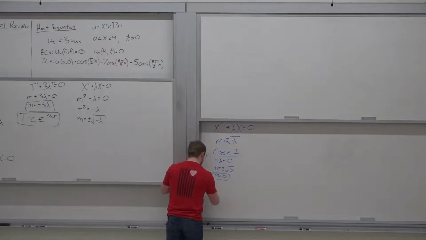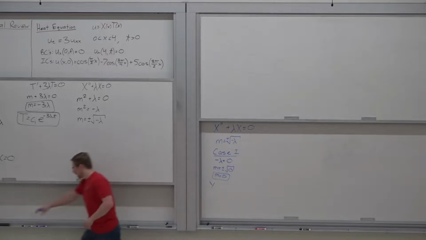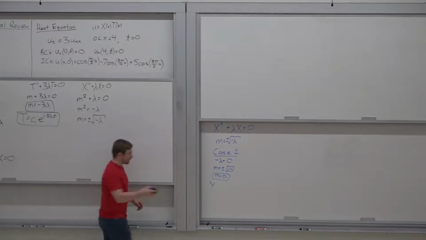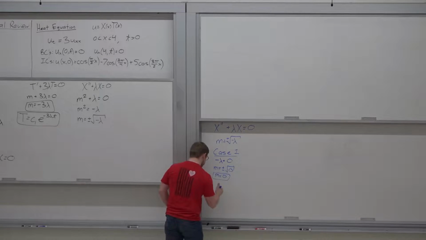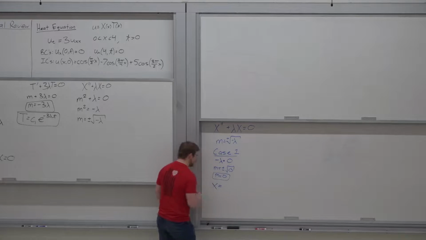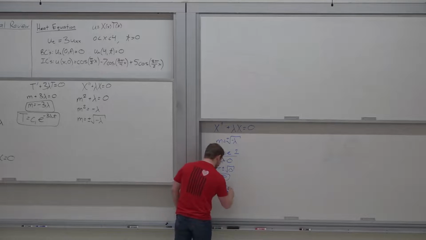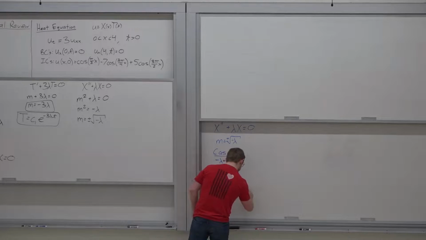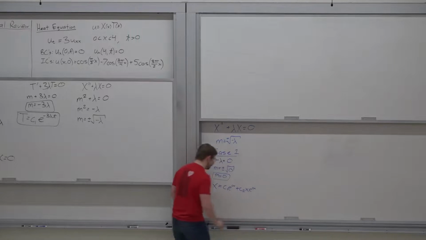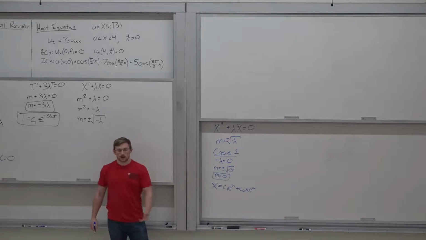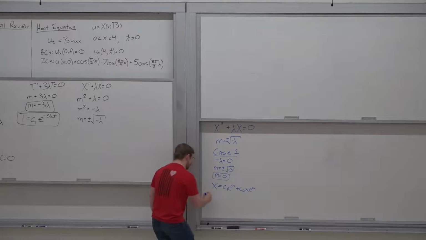So I get my function, capital X, is equal to c1 e to the 0x plus c2 x e to the 0x. And I know that my e to the 0x can just go to 1.